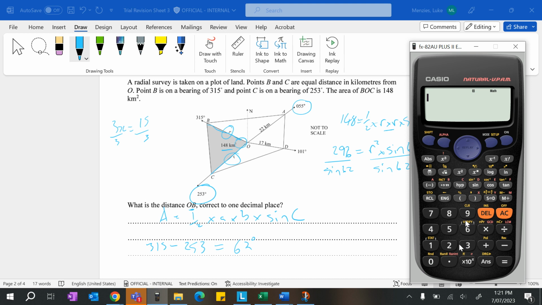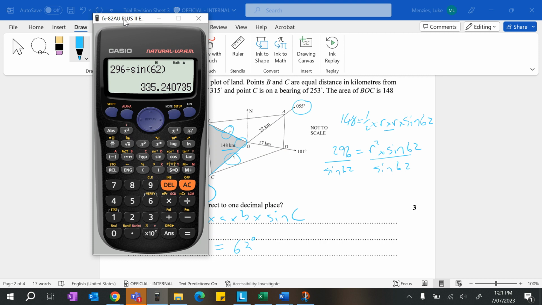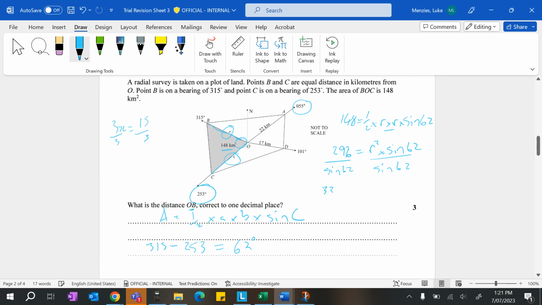We'll say 296 divided by sine of 62. That gives 335. I'll round it, but I'm going to leave my answer there.